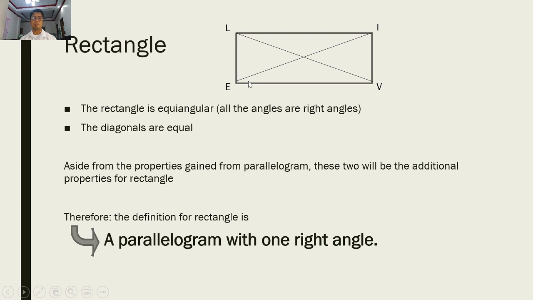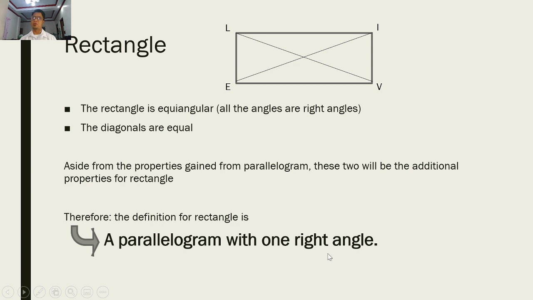So if this is 90, to make 180, the next one must also be 90 degrees. So you do not need to state that because we already know the properties of a parallelogram. So again, this will be our definition for rectangle. And again, our keyword here is a parallelogram with one right angle.